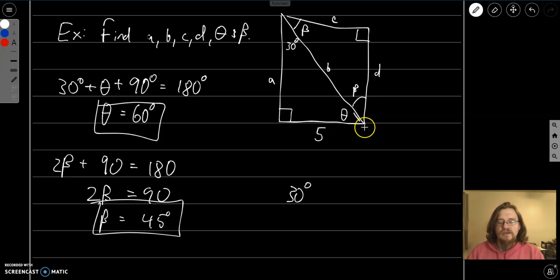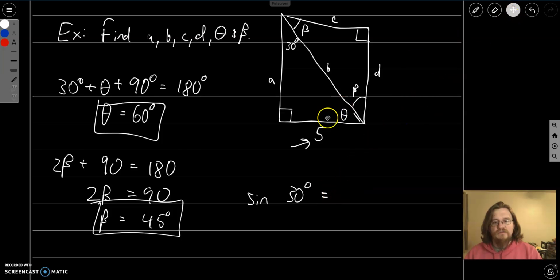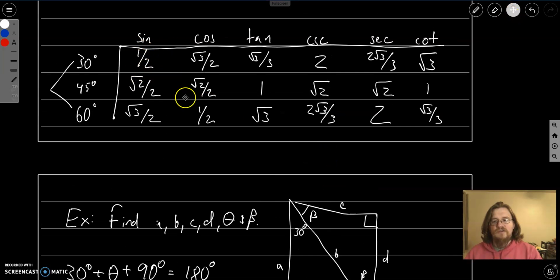So with B, I want to find a trig function that's going to relate the hypotenuse to a number that I know. Let's say 5. 5 is on the opposite side of 30 degrees. So I want the trig function that's going to relate the opposite side to the hypotenuse. This is the sine. So the sine of a 30-degree angle should be 1/2.